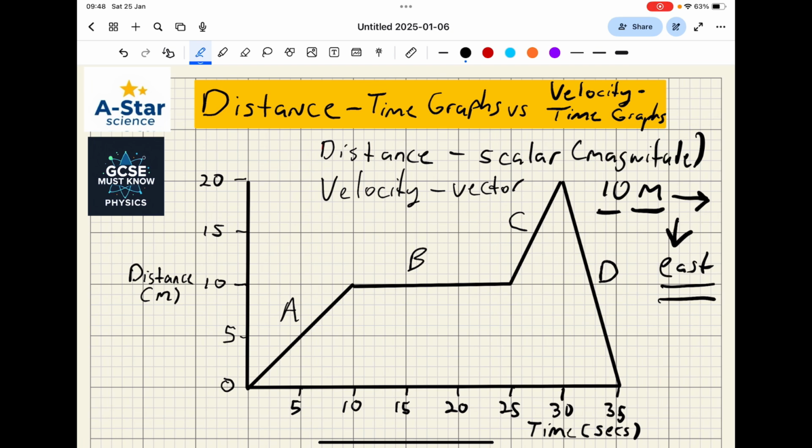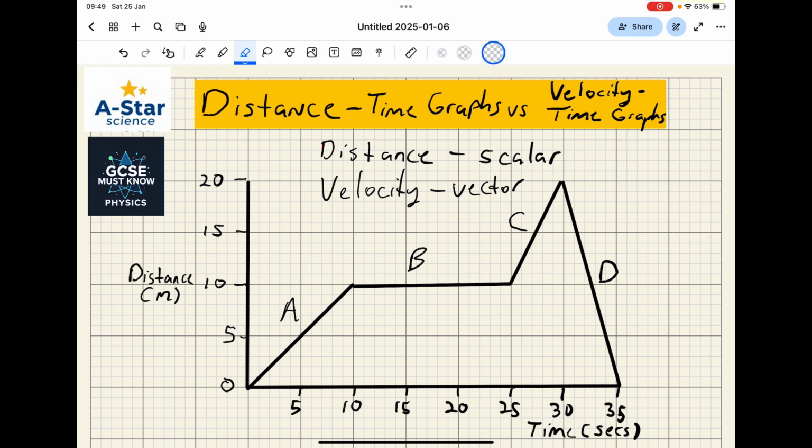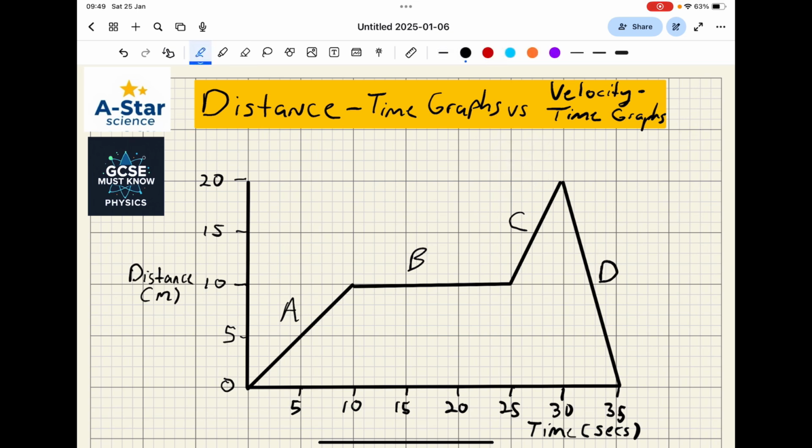Distance is a scalar quantity and velocity is a vector quantity because we always include direction. This is important for many industries, one of the most important being the airline industry and flying, because pilots and air traffic controllers need to know not only what speed planes are going at, but also what direction, up or down, left or right, at different angles.